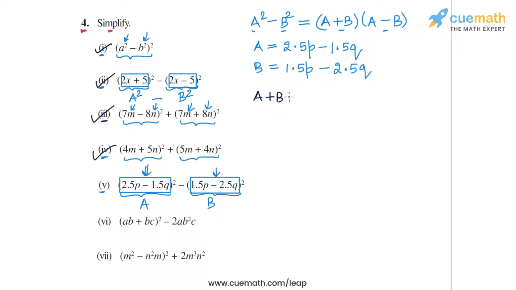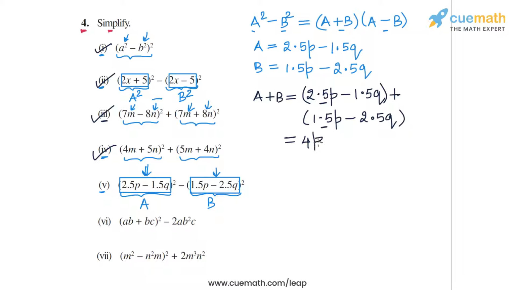So a plus b will be equal to 2.5p minus 1.5q plus 1.5p minus 2.5q. Okay, so 2.5p plus 1.5p is 4p, and then minus 1.5q minus 2.5q is minus 4q. So a plus b we get as 4p minus 4q.